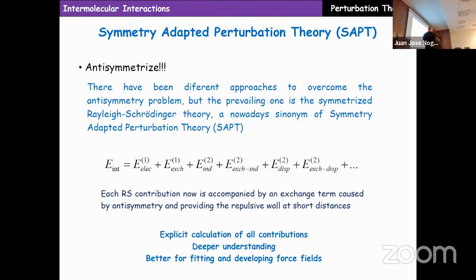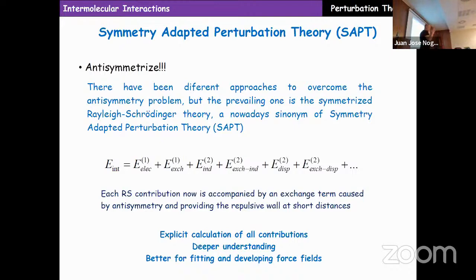And now the energies I have: there is the electrostatic energy. The difference between the energy with the anti-symmetrized wave function and the Hartree product first order is the exchange correction to the electrostatic energy, and this exchange correction to the electrostatic energy is the Pauli energy, the Pauli repulsion.